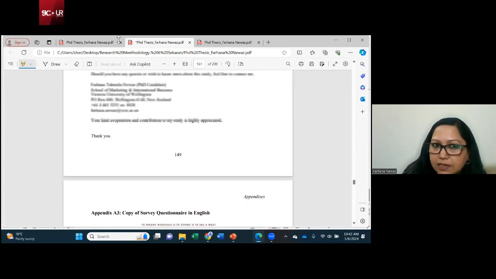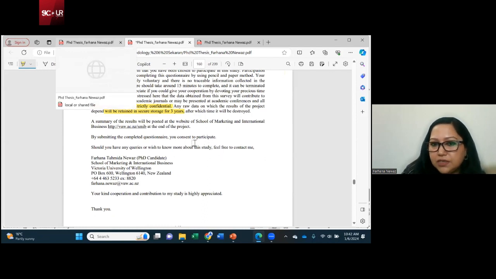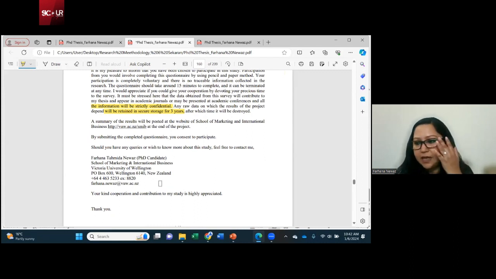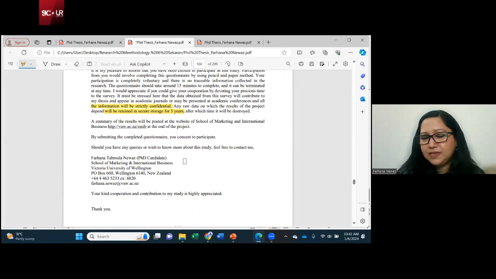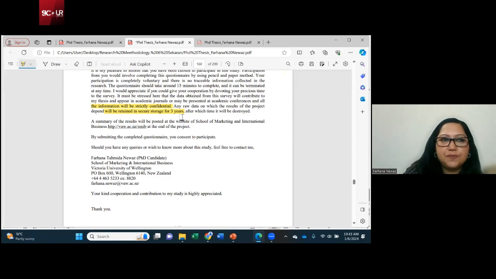This is an advantage of the questionnaire survey. Whereas if you do an interview, you will know who the respondent is and what answers they are giving, so the confidentiality issues cannot be managed in the interview method. With the questionnaire survey, traceability is zero, not just less. You will not be able to trace the respondents.